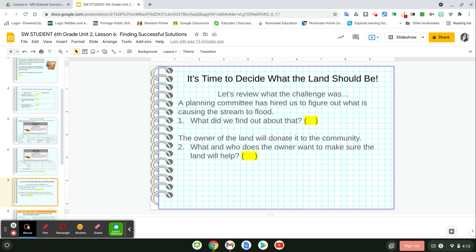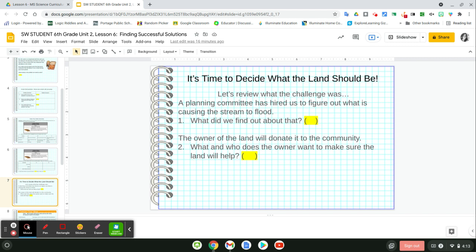Number 2, the owner of the land will donate it to the community. But why? What would cause the owner to donate it to the community? What and who does the owner want to make sure the land will help? So what do we want to fix?